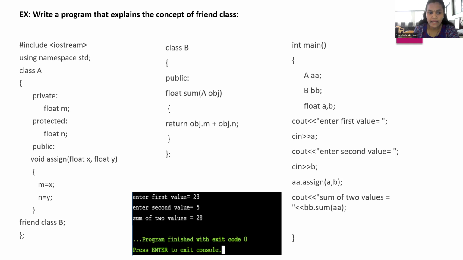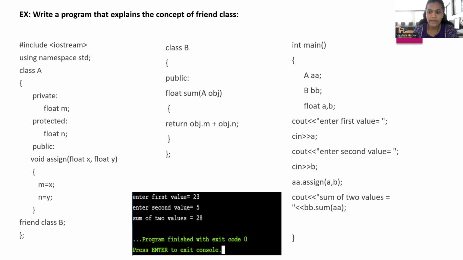In class A, the private member is float M and the protected member is float N, and we are adding these two variables. Then we have a public function, void assign, with two variables, float X and Y. It assigns the X value to M and the Y value to N.